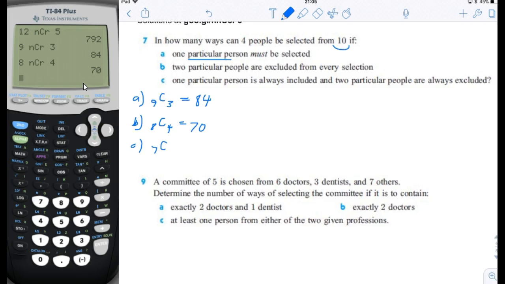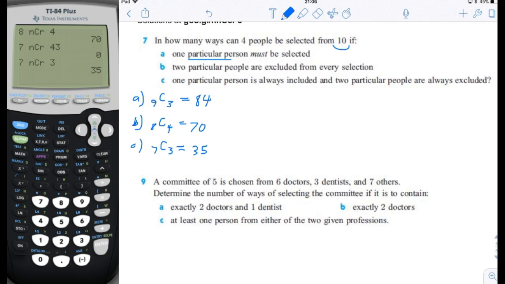So in this case, it's 7 choose 3. Let's see what that is. 7 choose 3. 35.